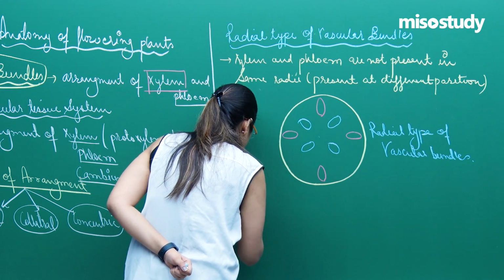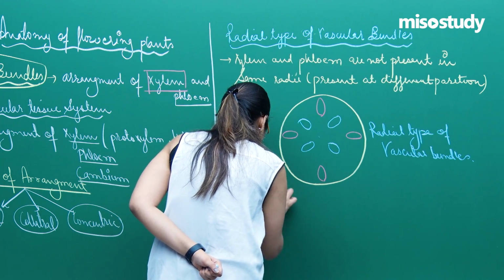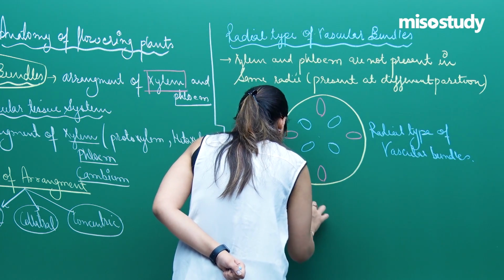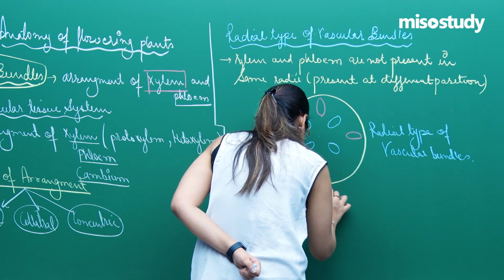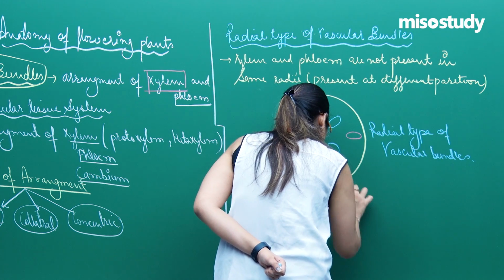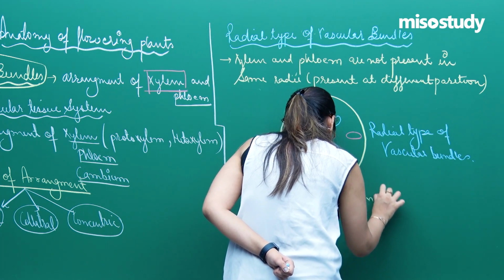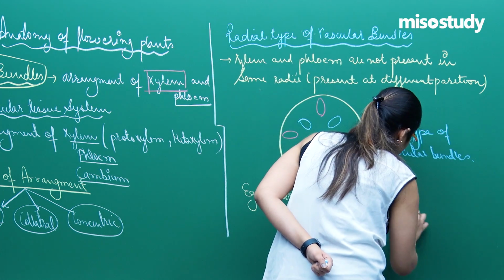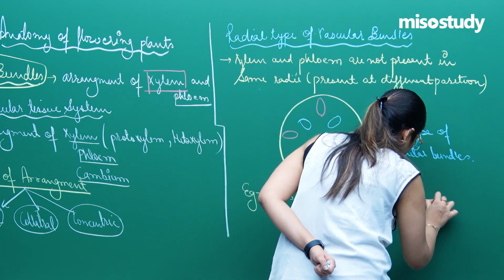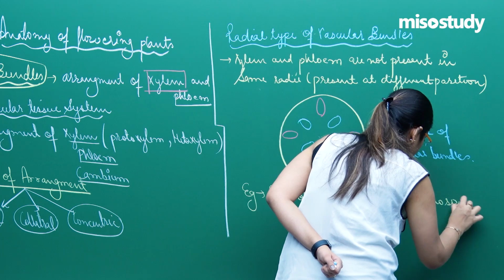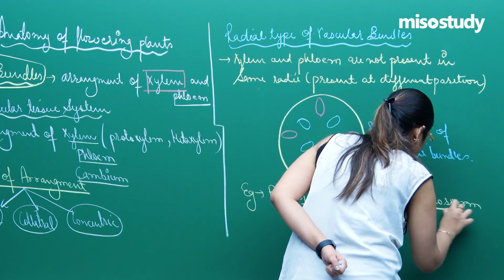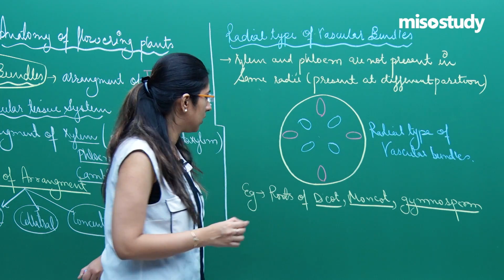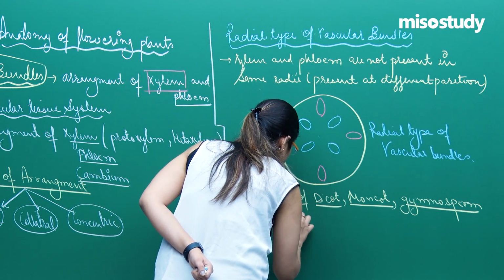For example, they are present in the roots of dicot, monocot, gymnosperms, and they are also present in fern rhizomes.